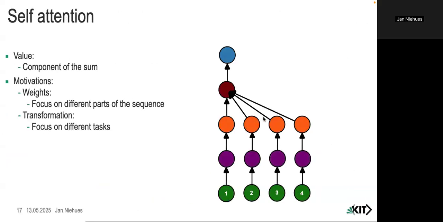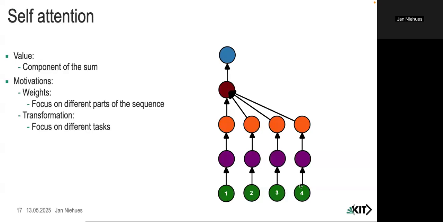Now you do the second step from what we had before. Now you have to calculate the new hidden state. What you do is you're now taking your values and multiplying them with the orange ones we had, the weights. So you have a weighted sum, and you're summing them all up, and that's your new hidden state.